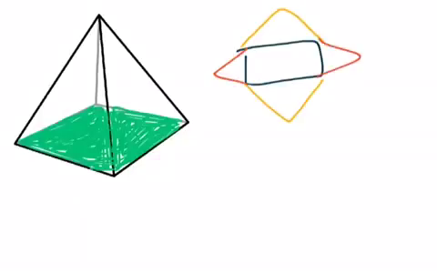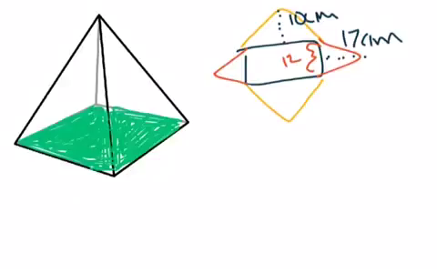So right here, it's going to be 12 centimeters. The height for here is going to be 10 centimeters. And the height for this triangle is going to be 17 centimeters.